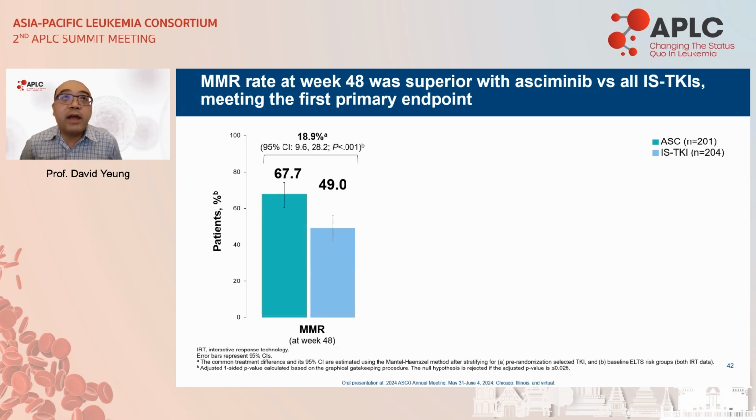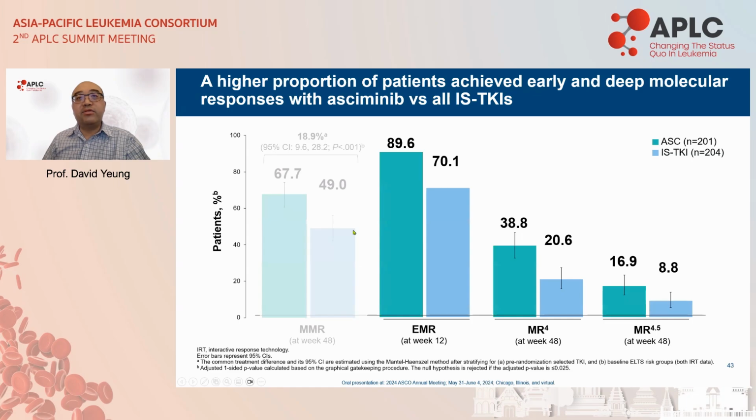The endpoint of this study was MMR at week 48, and there was a significant difference between the asciminib treated patients and those patients receiving the standard of care. That difference is apparent across all the other molecular response categories, such as EMR, MR4, and MR4.5. So there's a difference in MMR achievement as well as deep molecular response achievement and early molecular response achievement.